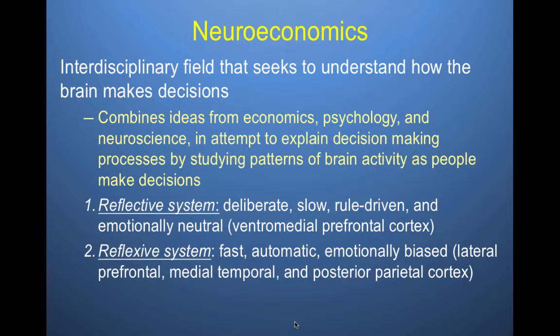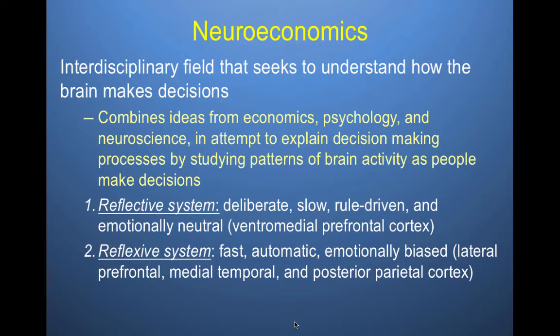So think of the reflective and reflexive systems as contrasting: what you want in the moment, the hedonic, versus your long-term goals and what might be better in the long run.